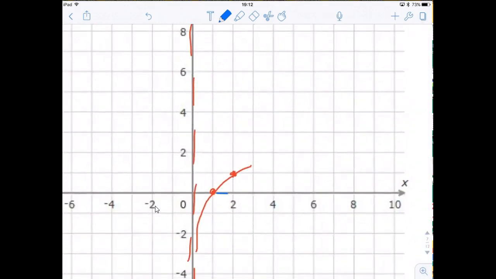So 1, 2. 1, 2. And then the asymptote, we can also move 1, 2. And the asymptote actually doesn't go up, right? So it only matters that it moved to the right. So our asymptote is at x equals 1, because it moved over slightly. So that's our asymptote. And then we can draw our function kind of like that.